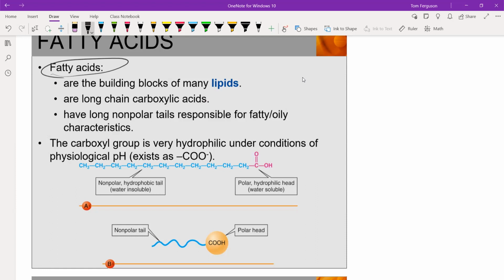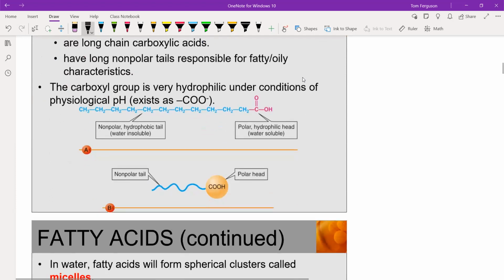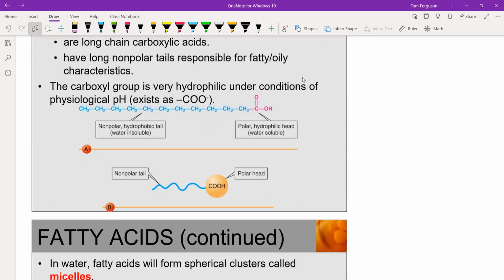In all others, fatty acids are very stable. And again, this is carbons greater than 7. Once you get greater than 7, the nonpolar tail takes over the physical characteristics of the molecule.